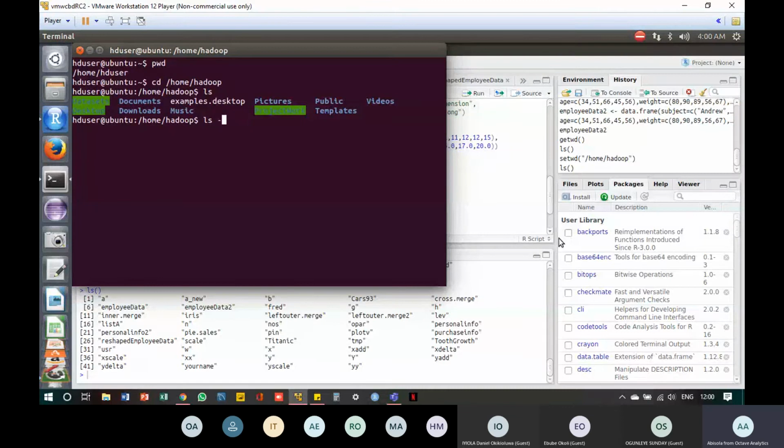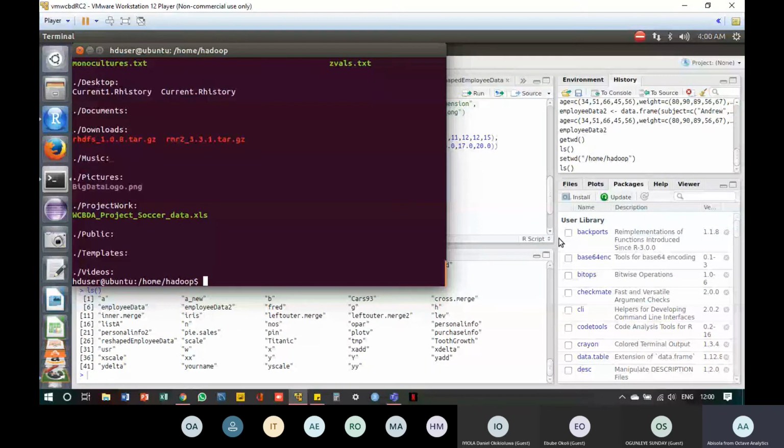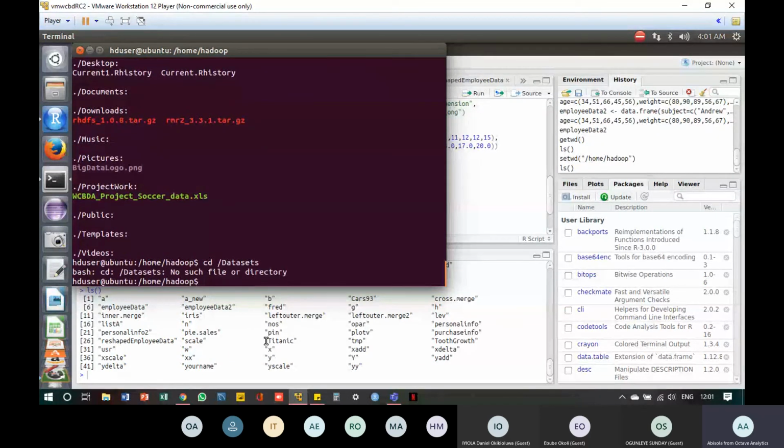So let's see data sets. Okay, now this is a lot. Let's navigate to data sets. We're looking for the books data, books.csv data. So we're going to data sets. Oh, it's not available. Oh, okay. No slash here.